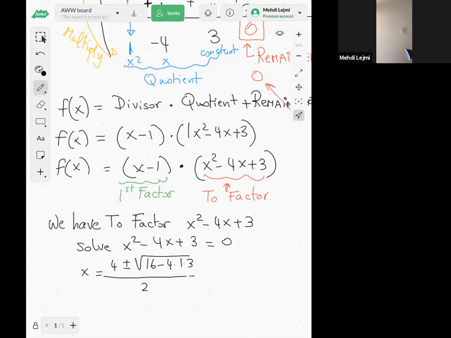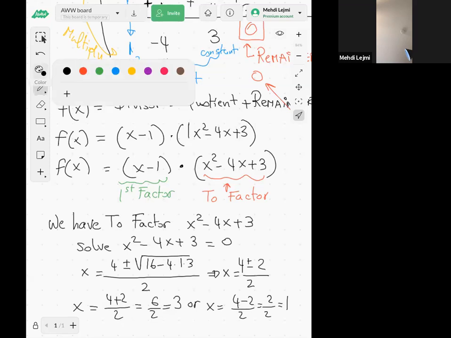So your x is 4 plus or minus the square root of 16 minus 12, that's 4, square root of 4, it's 2, so it's plus or minus 2. So x is 4 plus 2 over 2, that's 6 over 2, that's 3, or x is 4 minus 2 over 2, it's 2 over 2 equal to 1. So you got 3 and you got positive 1.